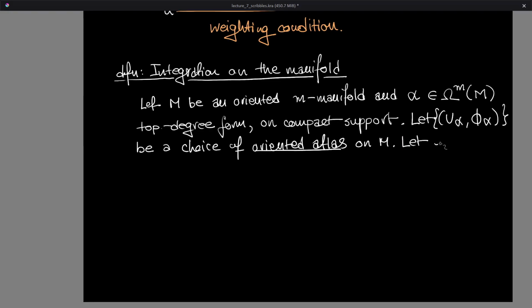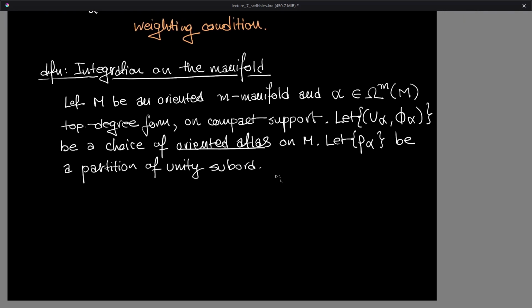So let rho alpha, a set rho alpha, be a partition of unity, I'm not going to write that whole thing, subordinate to U alpha. Okay, so now we're ready.